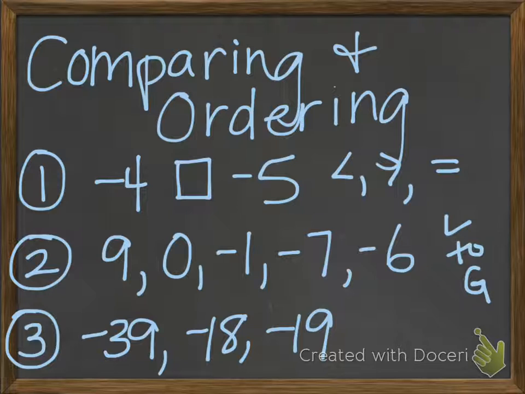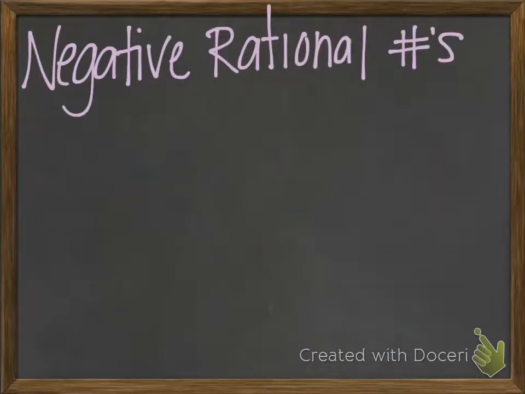Then on number 3, we have negative 39, negative 18, negative 19. Same thing applies here. You need to order these from least to greatest. So I want you to do these 3 examples in your class notes, and we will go over them tomorrow.